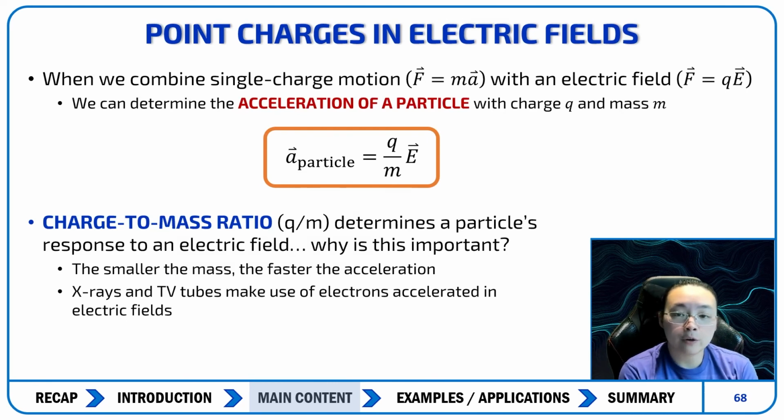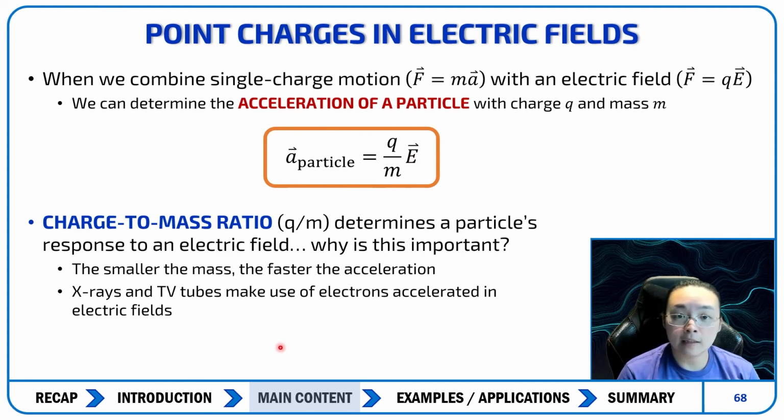So for point charges in electric fields, when we combine a single charge motion, where force is equal to mass times acceleration, with an electric field where force is equal to qE, we can determine the acceleration of a particle with a specific charge q and a mass m by equating the two. So you end up with ma equals qE, and the acceleration being equal to qE over m.